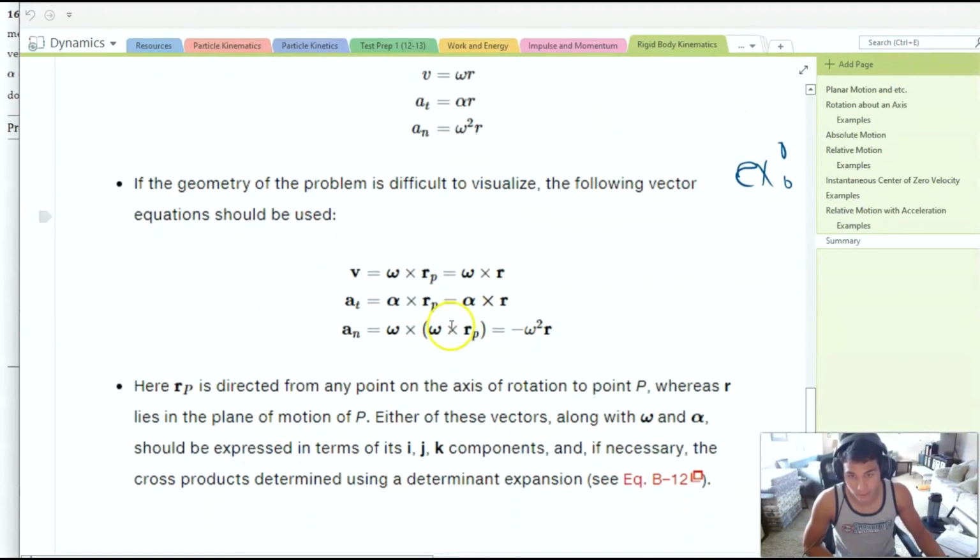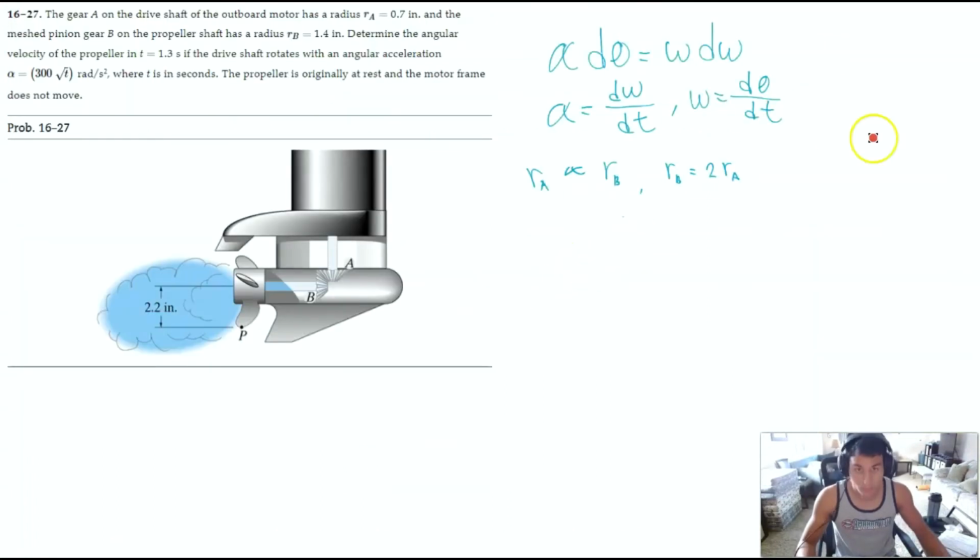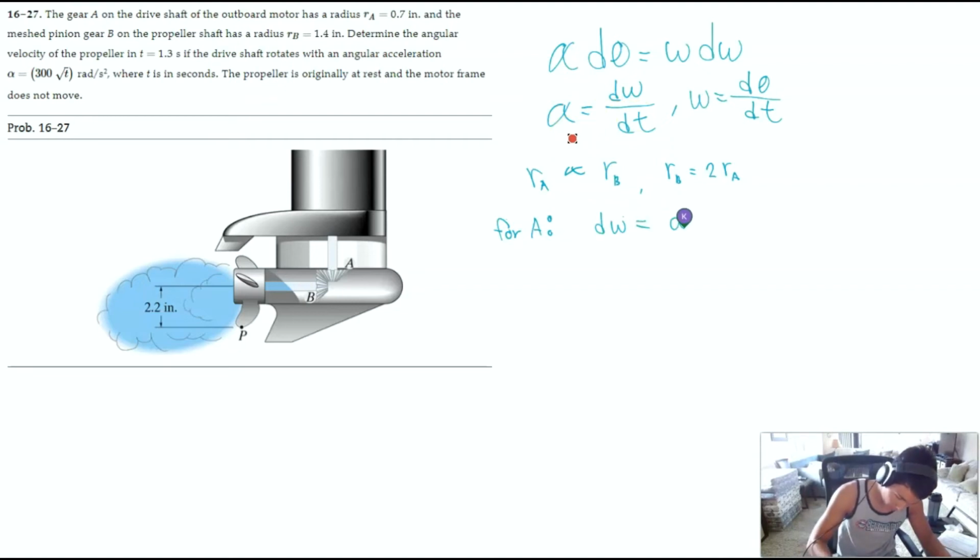And I want to show you guys these formulas, right? What we can use is these types of things right here, but before we use them, let's just use this. So for object A, if we split the differential, we'll have dω is equal to alpha dt.